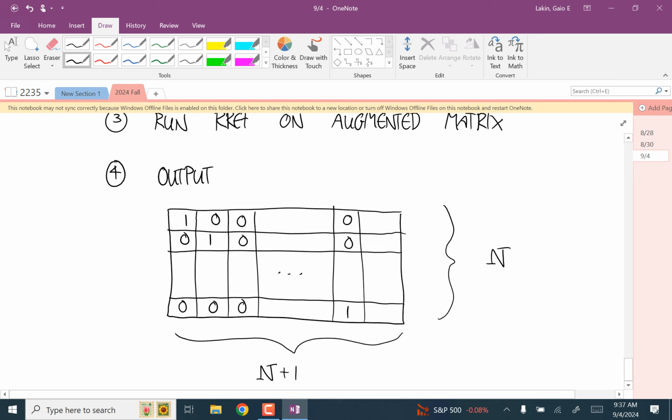The only reason that's useful is to tell you whether this worked or not. If you don't get this identity matrix here, something crashed with the program. And the last column are your solutions to the variables in the order that you chose. So this is going to be the variable 1 solution, variable 2 solution, and this is the variable n solution.